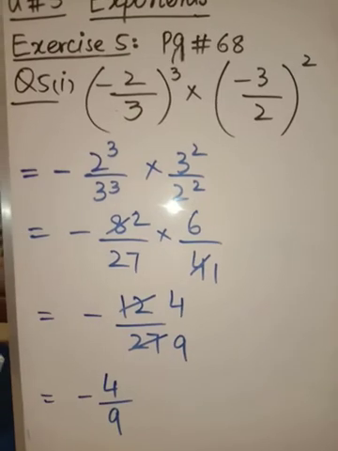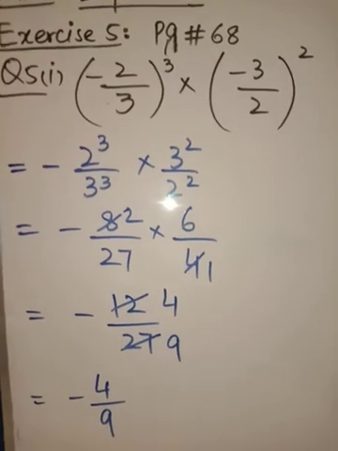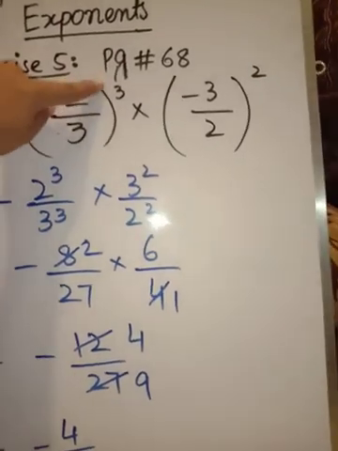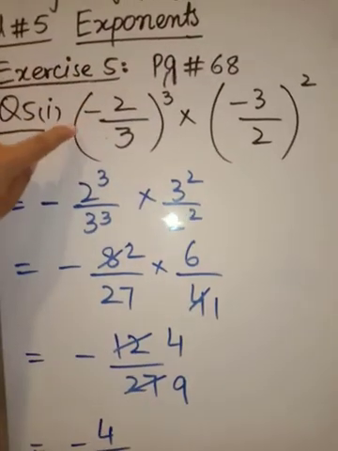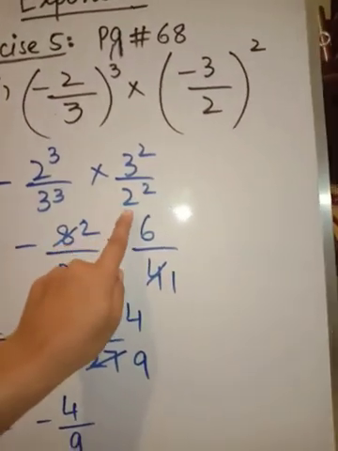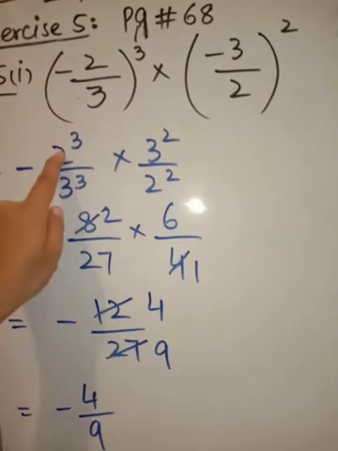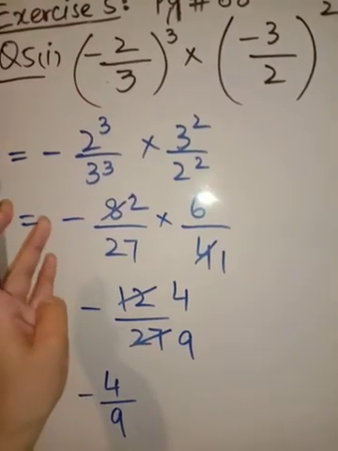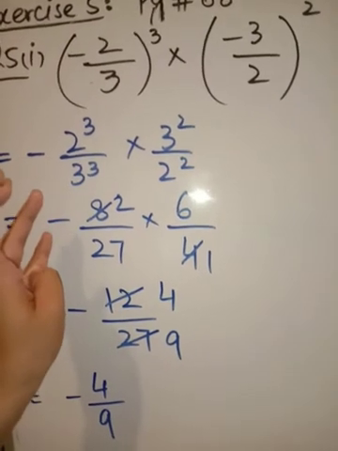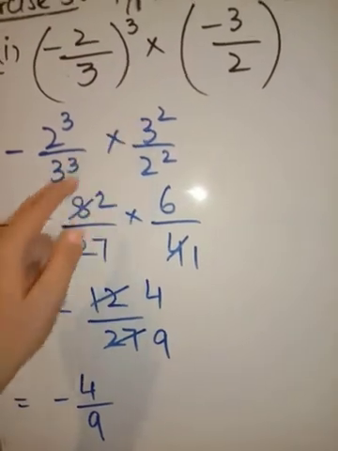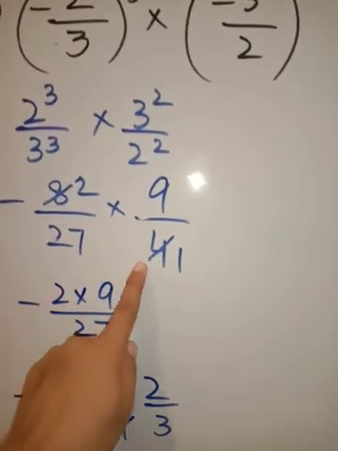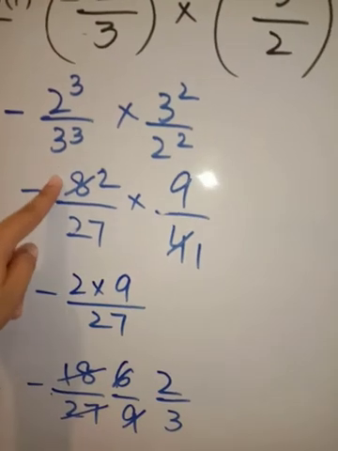Solving the first part of question number 5, we have minus 2 by 3 whole cube multiplied by minus 3 by 2 whole square. Minus raised to an odd power, so minus will remain the same. 2 cube over 3 cube multiplied by 3 square over 2 square. 2 cube means 2 2s are 4, 4 2s are 8. 3 cube means 3 3s are 9, 9 3s are 27. 3 square we got 9 and 2 square is equal to 4. 4 1s are 4, 4 2s are 8.